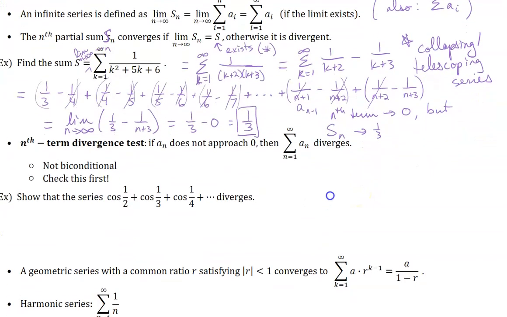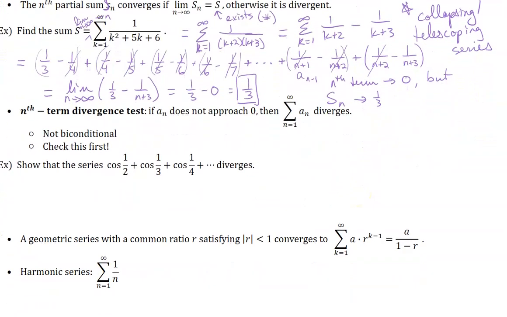Okay, speaking of nth terms, let's look at the nth term divergence test. So this is the very first thing that you should always check when you are trying to decide, does a series converge or diverge? Now, something important here is this is only a test for divergence. In other words, it cannot conclude that a series converges. It can only conclude if a series diverges, okay?